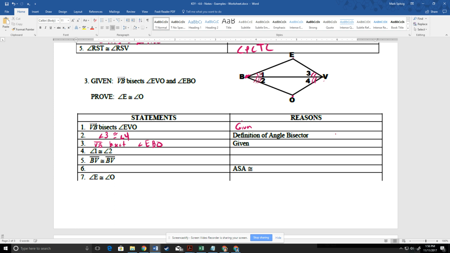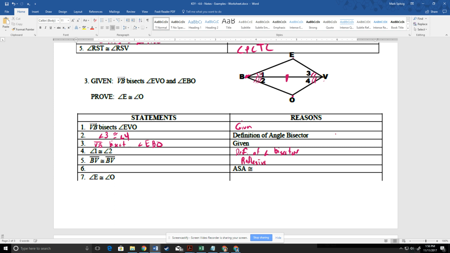Oops, I guess I should mark it with 3. And so we know that angle 1 and angle 2 are congruent. And so that is the next step, which is nice because we sort of saw that coming. And again, we know the reason why is because that's what an angle bisector does. So that's the definition of an angle bisector. Okay, finally, we know that BV is congruent to BV. And so that's just going to be reflexive.